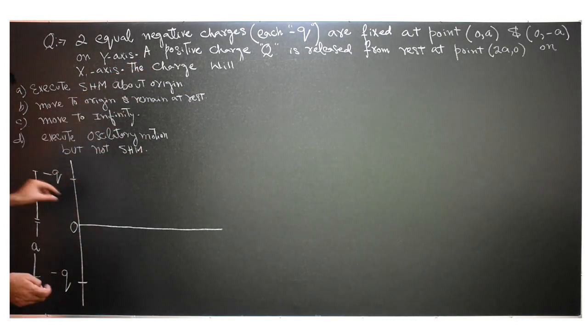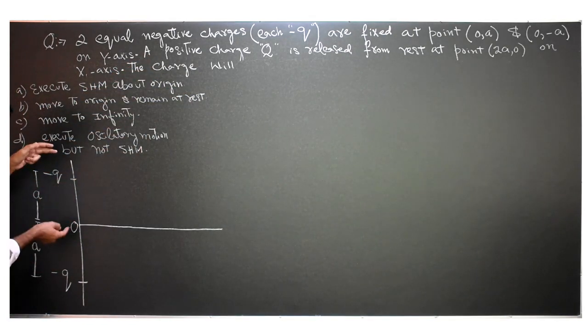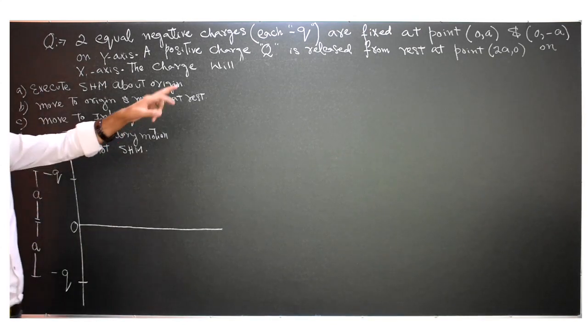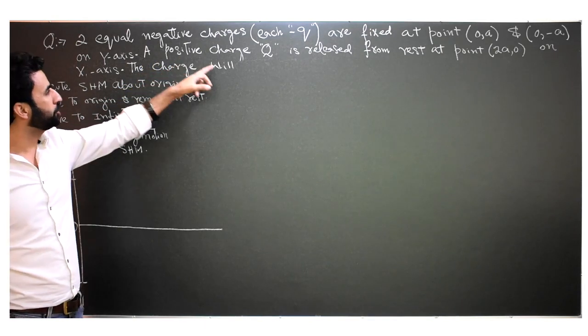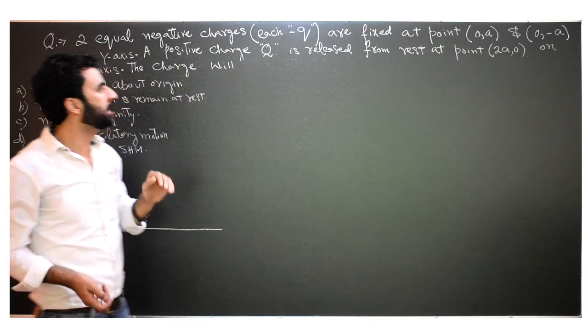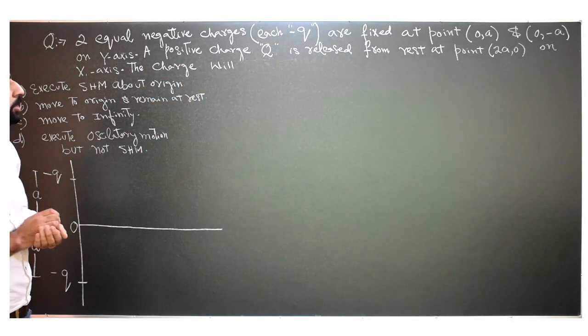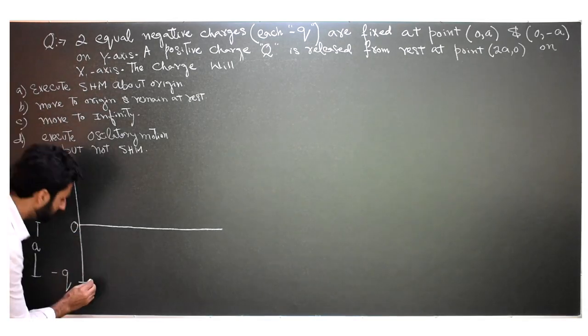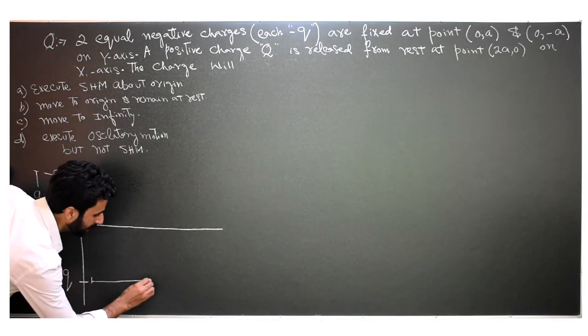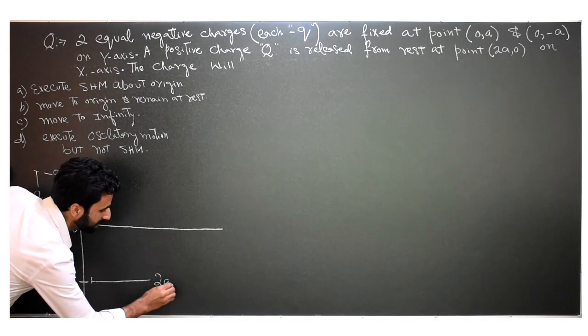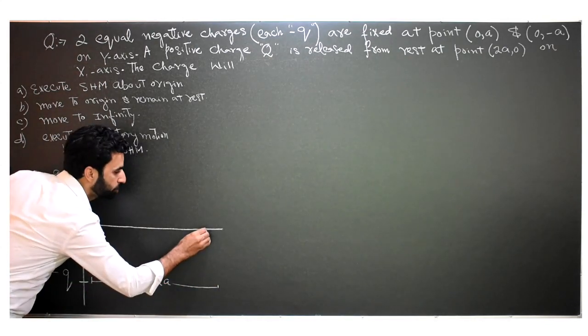We have two equal charges minus q, placed on the y-axis at a distance a and minus a respectively. Then we have another positive charge of magnitude capital Q. It is released from rest at the point (2a, 0). Let's suppose the distance from here up to this point is 2a.